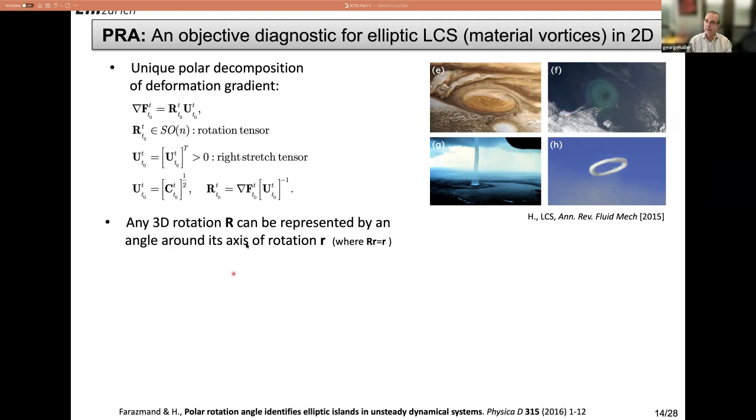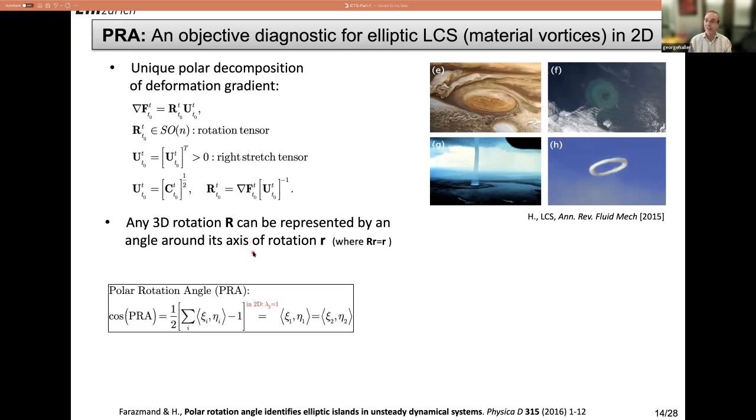And we worked hard in calculating that angle in this context, because for some reason it was not computed for the polar rotation tensor. And the cosine of that angle, which we call the cosine of the polar rotation angle, has a surprisingly simple formula. It's 1/2 times the sum of the products of the left and right eigenvectors of the Cauchy-Green strain tensor, and you subtract 1 in the end.